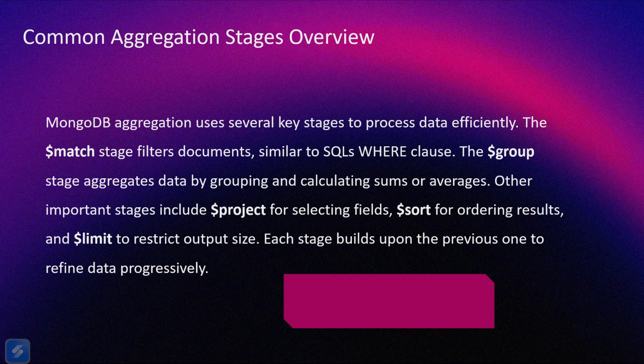The group stage aggregates the data by grouping and calculating sums and averages. Other important stages are project for selecting fields, sort for ordering results, and limit to restrict output size.